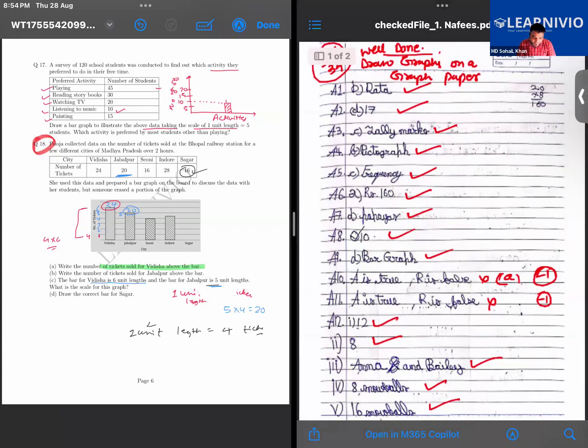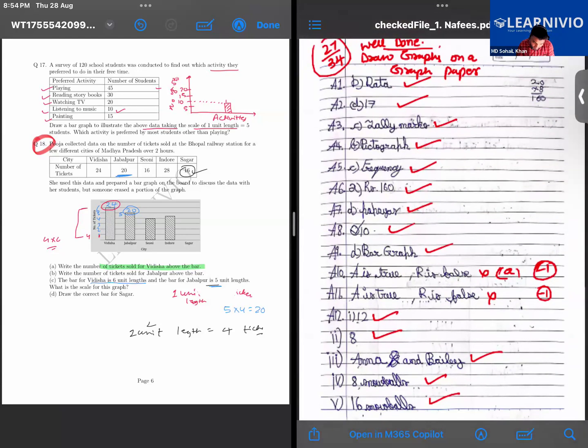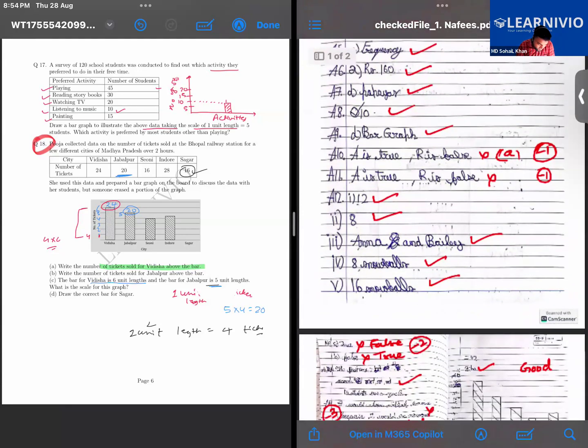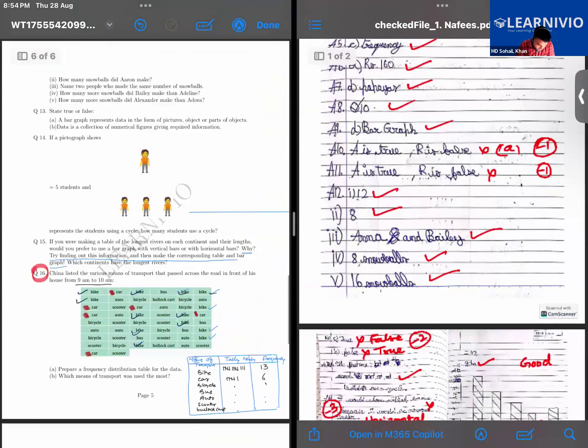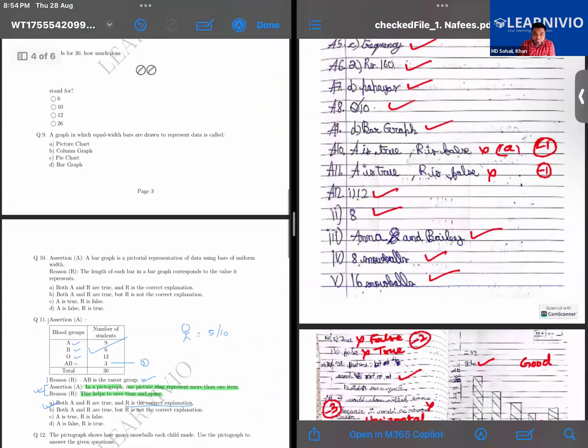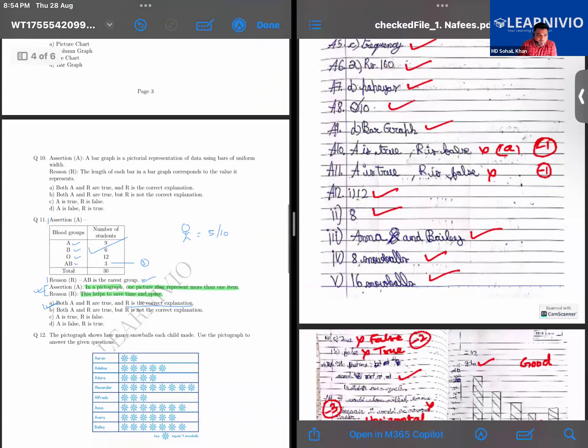Now yours is left. Look, you haven't been able to answer the assertion reasoning question properly, Nafis. In question number 10, it is saying a bar graph is a pictorial representation of data using bars of uniform width. In a bar graph, we are pictorially representing the data with the help of bars, and all the bars are of uniform width, like the thickness of this and this, they are the same.